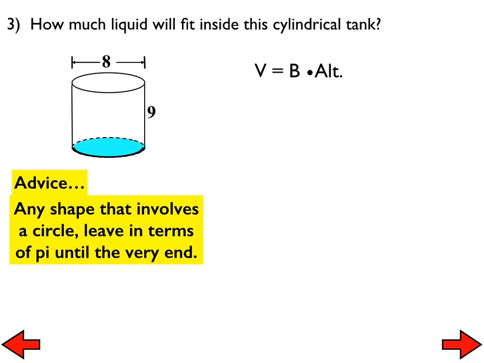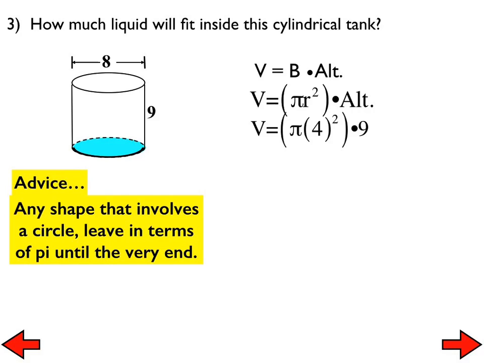So to find the area of a circle, it is going to be pi times 4 squared, because the radius is 4. 4 squared is 16, so we now have 16 pi times 9. Notice that I've left pi as pi. Now I'm going to multiply using the commutative property, 16 times 9, and that gives me 144 pi. So at this point I haven't done any sort of multiplying by any decimal.